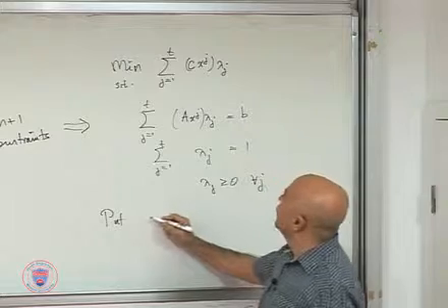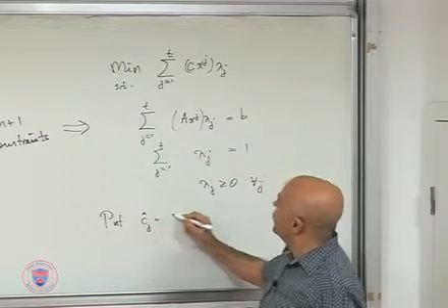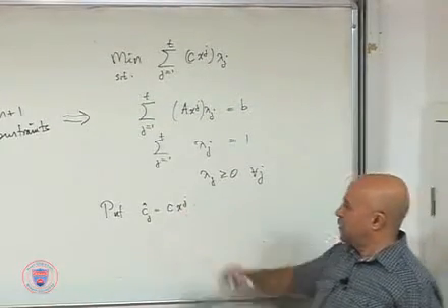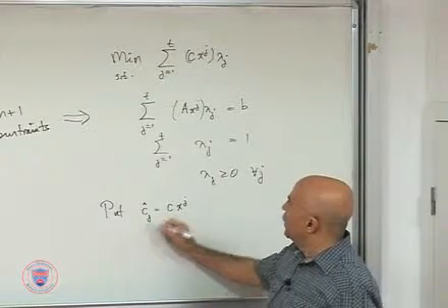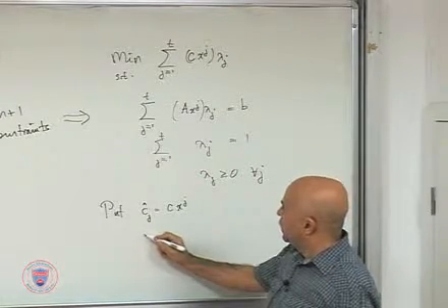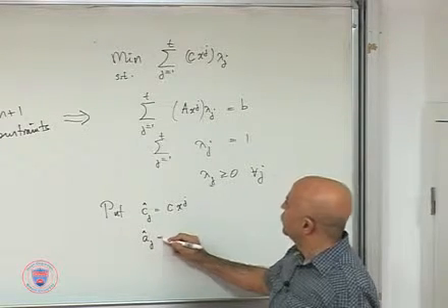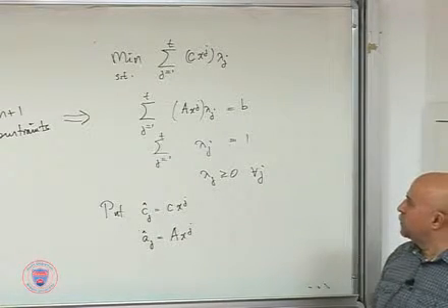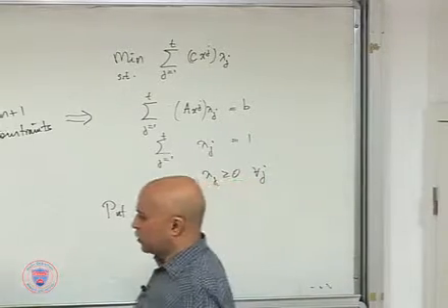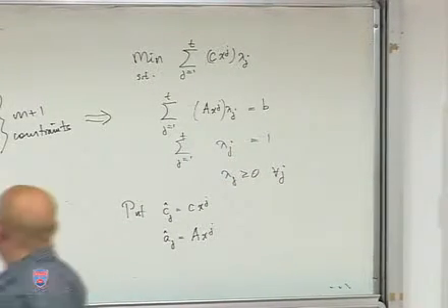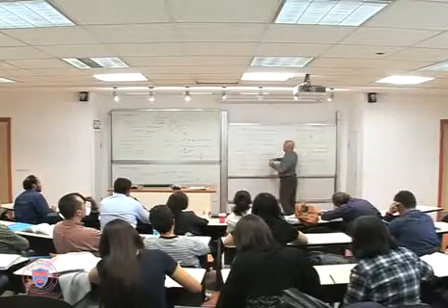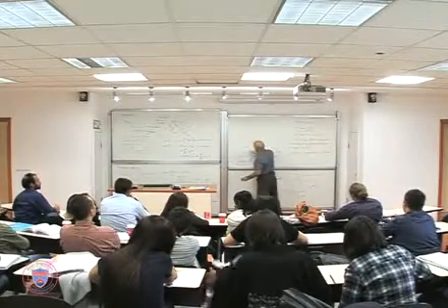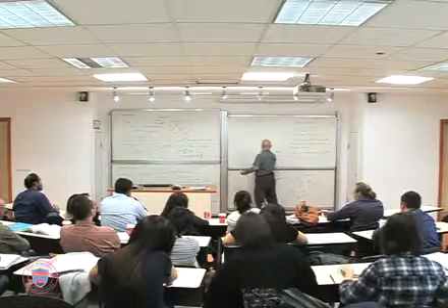Let's define Cj cap to be C times xj, the cost obtained at the jth extreme point of X. And let's define aj cap to be A times xj. That's just a column vector. That's what we have. Okay, so with that, I can rewrite the whole problem in a little bit more comprehensible way.